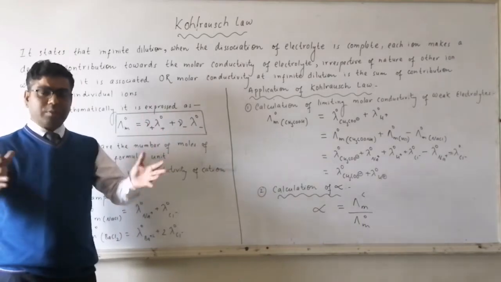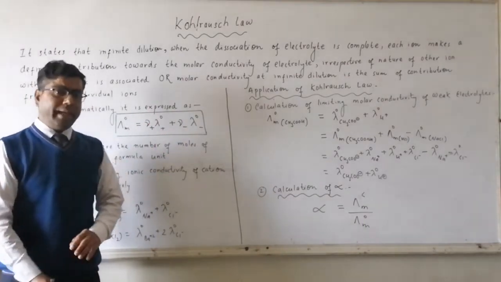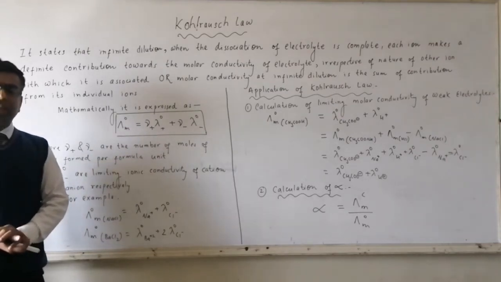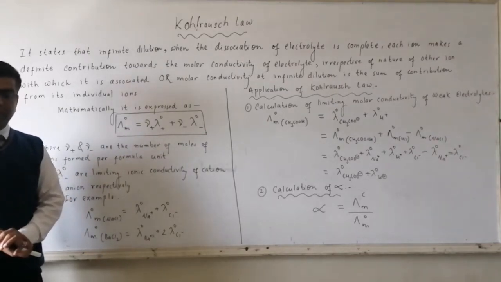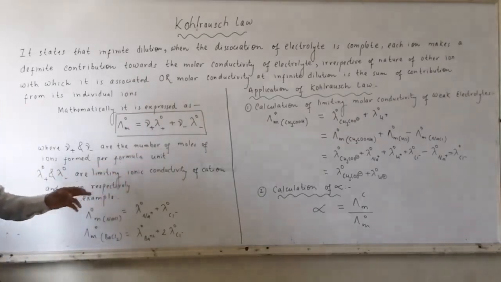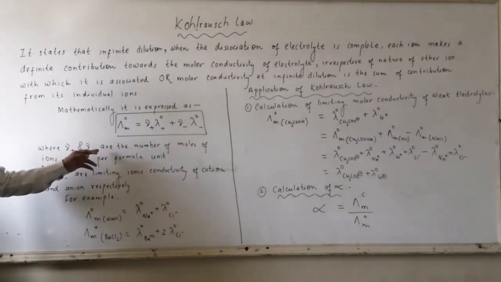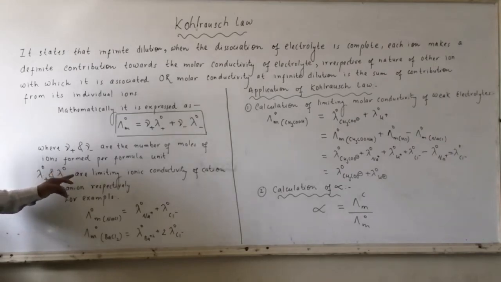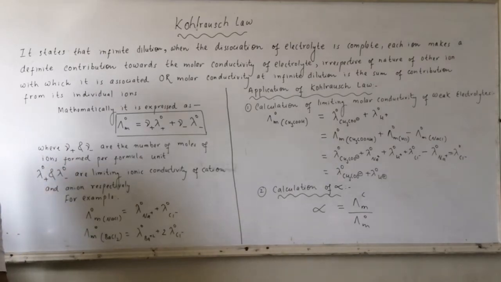When all these values are added, we get the limiting molar conductivity or molar conductivity at infinite dilution. So here, mu plus and mu minus are the number of moles of ions formed per formula unit, and lambda plus infinity and lambda minus infinity are the limiting ionic conductivities of cation and anion respectively.